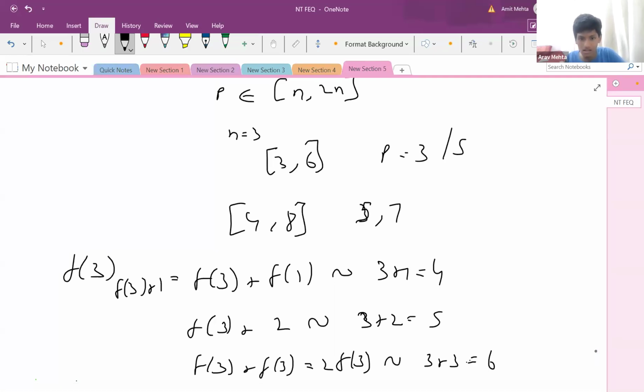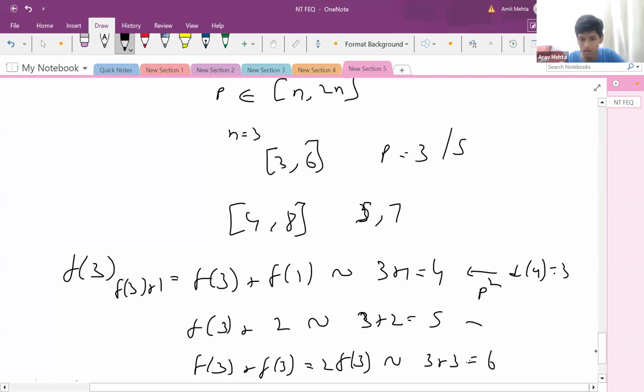Now if we break this into cases, this has 3 divisors, d of 4 is 3, so this has to be of the form p square. This is a prime, so this has only 2 divisors, and only primes have 2 divisors, so this has to be of the form some prime q.